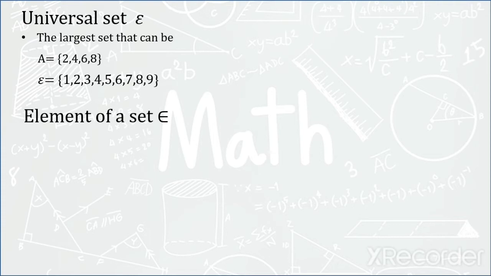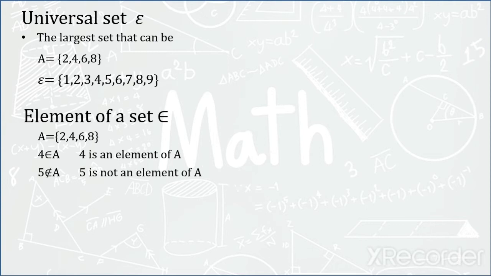Then you have to know what an element of a set is. The symbol is like this. It is somewhat like E, but that is not the letter E. Here A is {2, 4, 6, 8}. So as you can see, with this symbol, 4 and A, we can write that 4 is an element of A. Without writing the sentence, we can use that symbol.